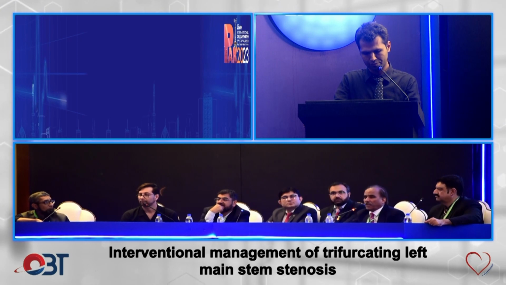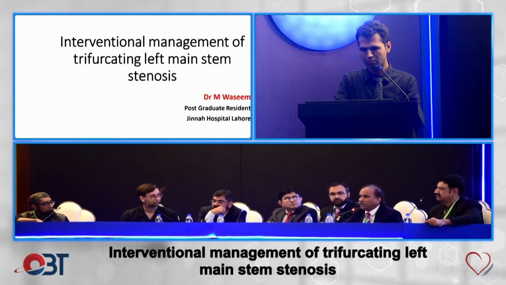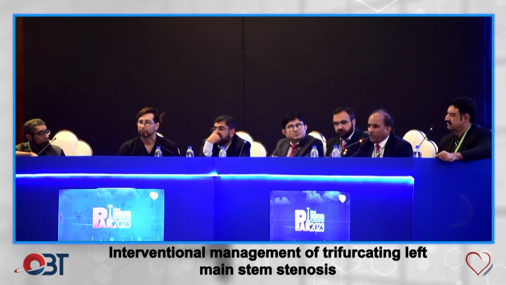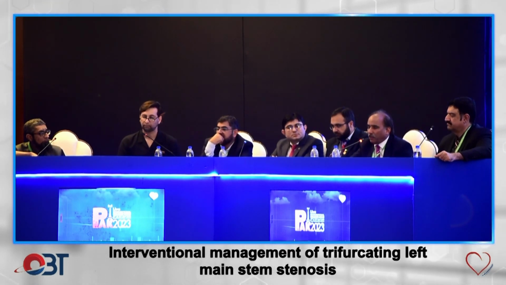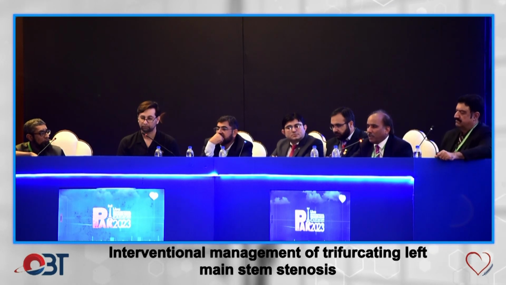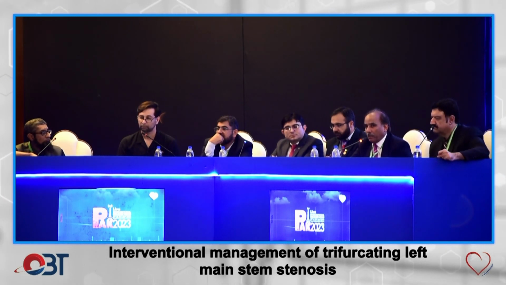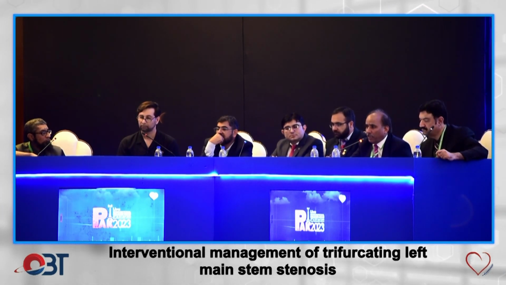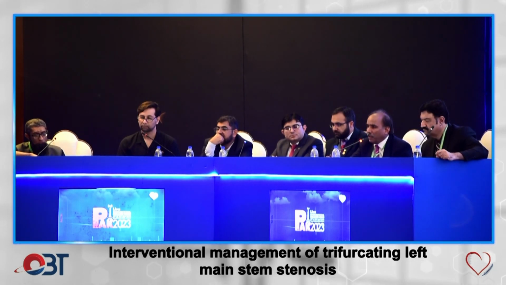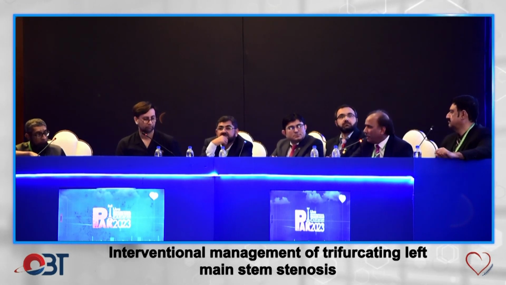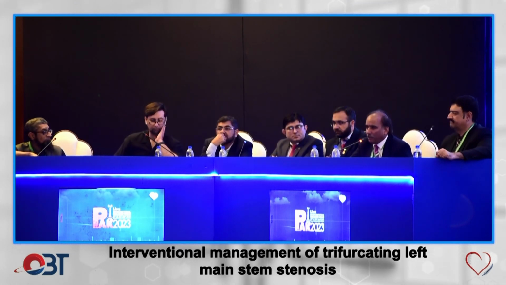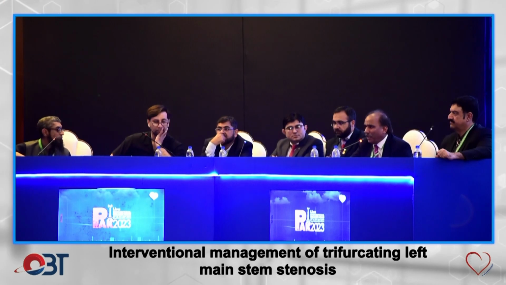It's quite a sizable circumflex, and there is definitely diffuse disease in the LAD. I don't know exactly what the age of the patient was or how the rest of the clinical parameters were, because a single stent strategy is definitely a safer strategy if it's done in a proper way. But left main is a very important vessel.